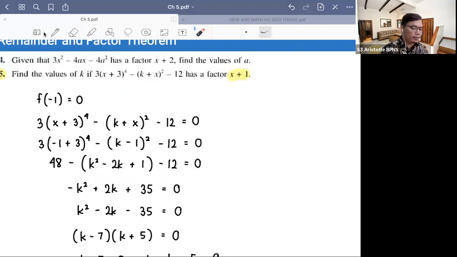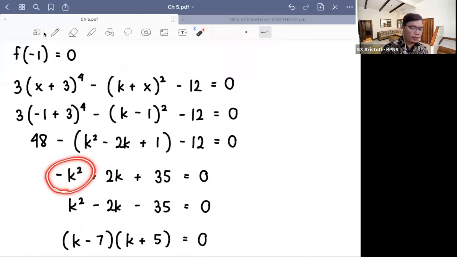All right, and then basically simplify this, combine like terms. So remove the bracket, so negative k squared, and then this is positive 2k, and then 48 minus 1, because this is negative, and then minus 12 will give you plus 35. So basically, this is your expression. Now, what happened here? It was negative, and now it's positive.